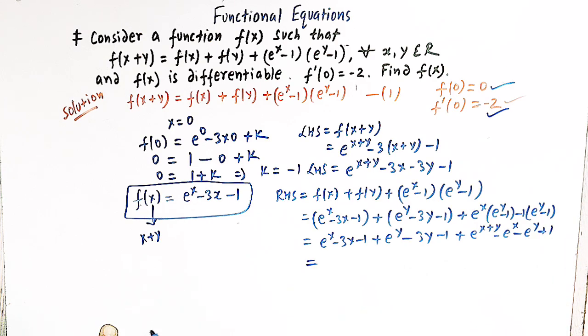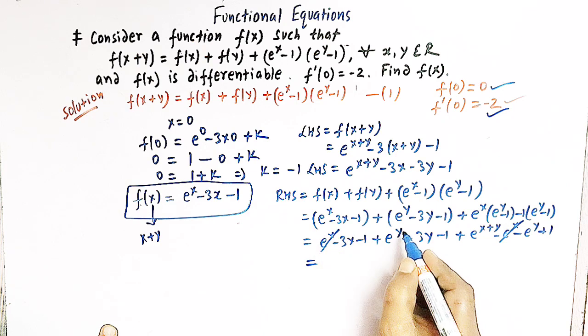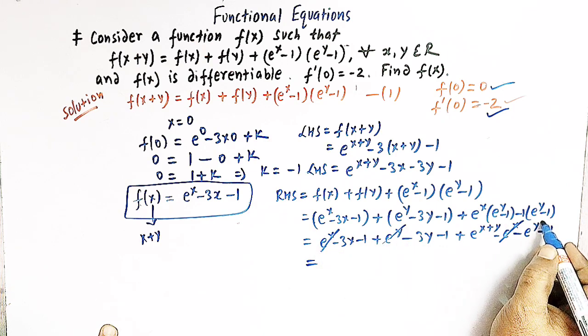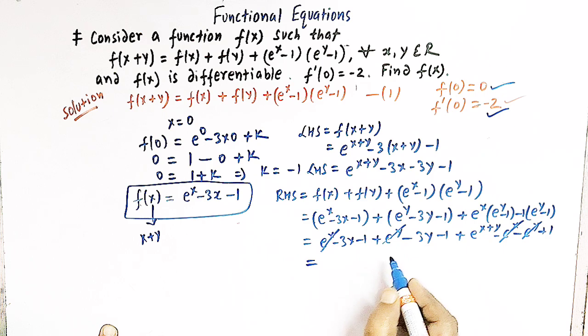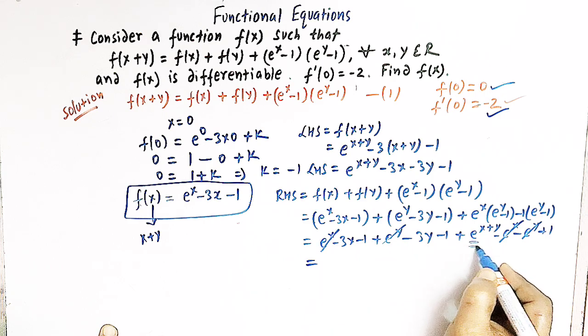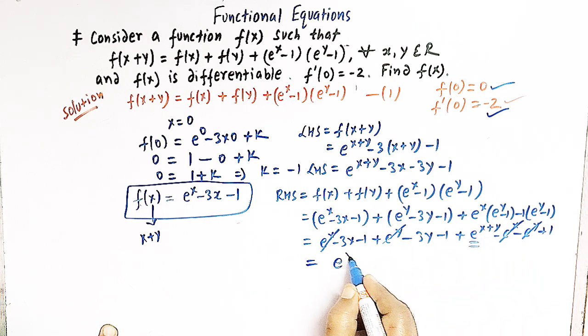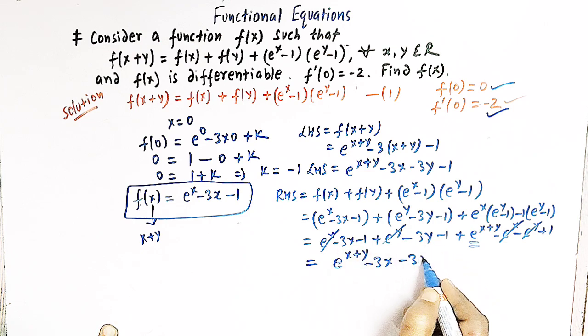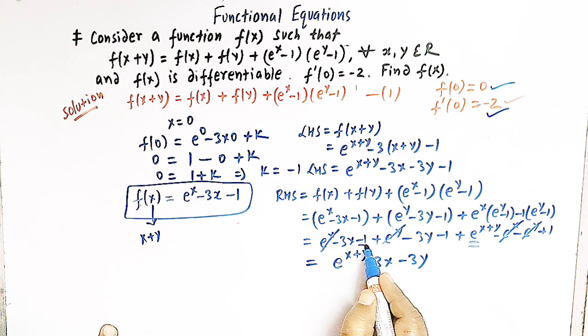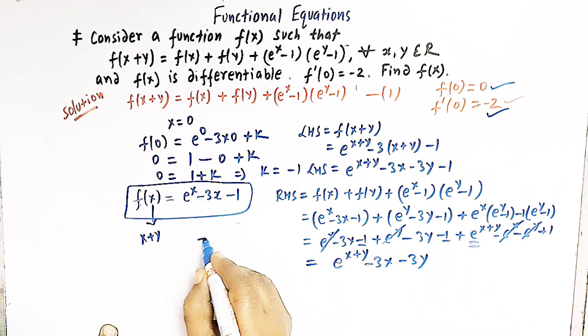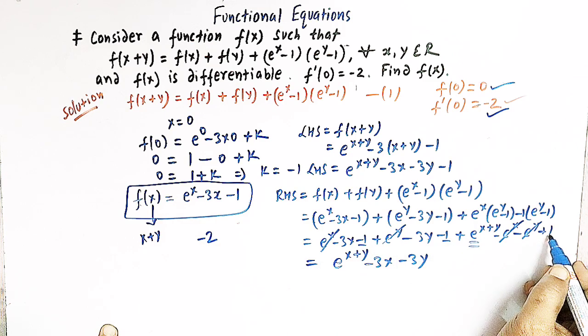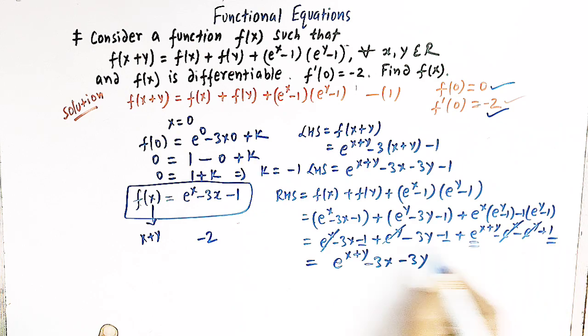So now we can see that e raised to x and e raised to x get cancelled, e raised to y and e raised to y also get cancelled. So we have now e raised to x plus y, then we have minus 3x, then we have minus 3y, and here we have minus 1 and minus 1. So this is minus 2, and here we have plus 1.